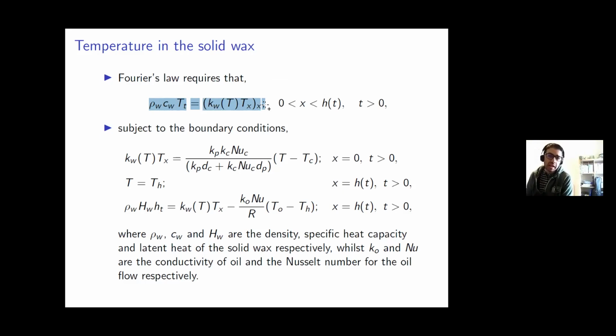This now is a quasi-linear parabolic partial differential equation. I should be slightly careful about the parabolic part because we haven't said what this conductivity function of T looks like yet, but it will end up being a quasi-linear parabolic partial differential equation.